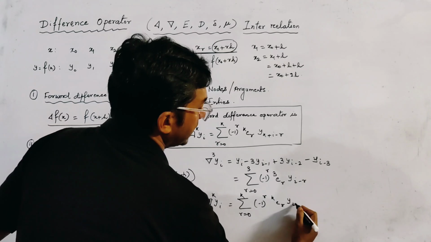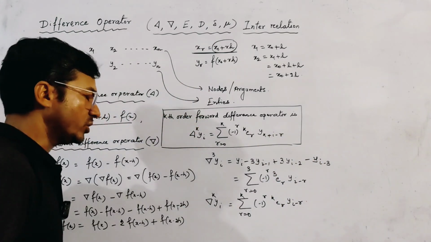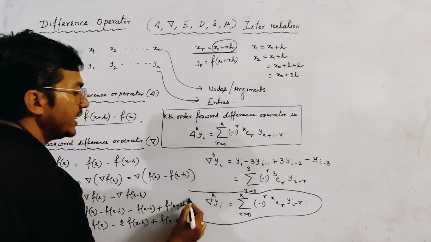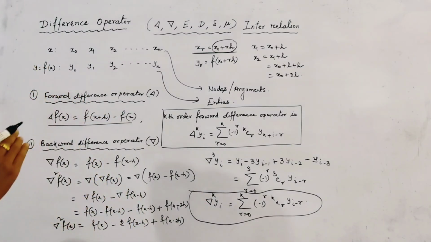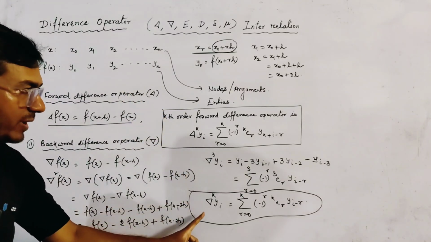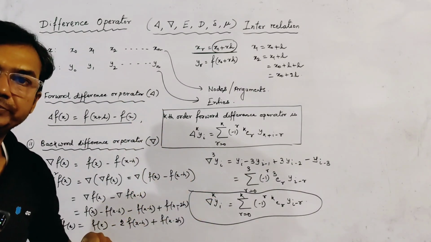This is the kth order backward difference operator, and the earlier one was the kth order forward difference operator.